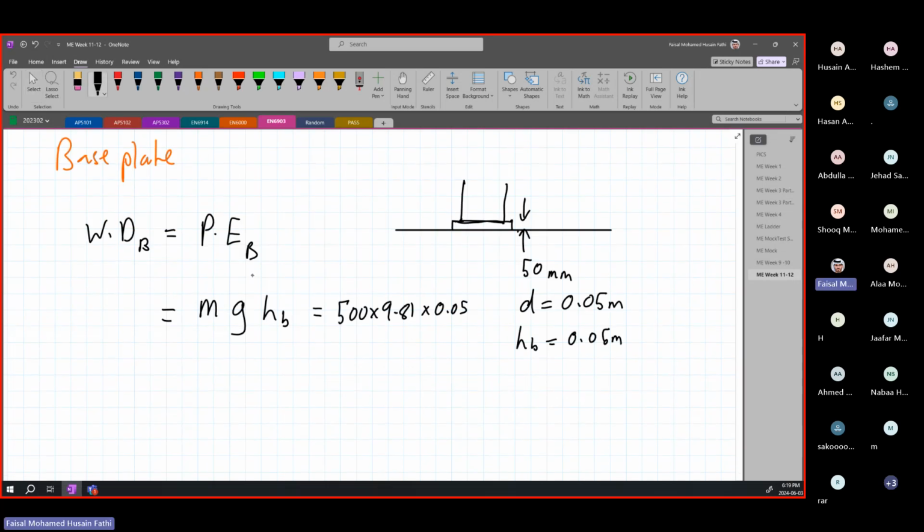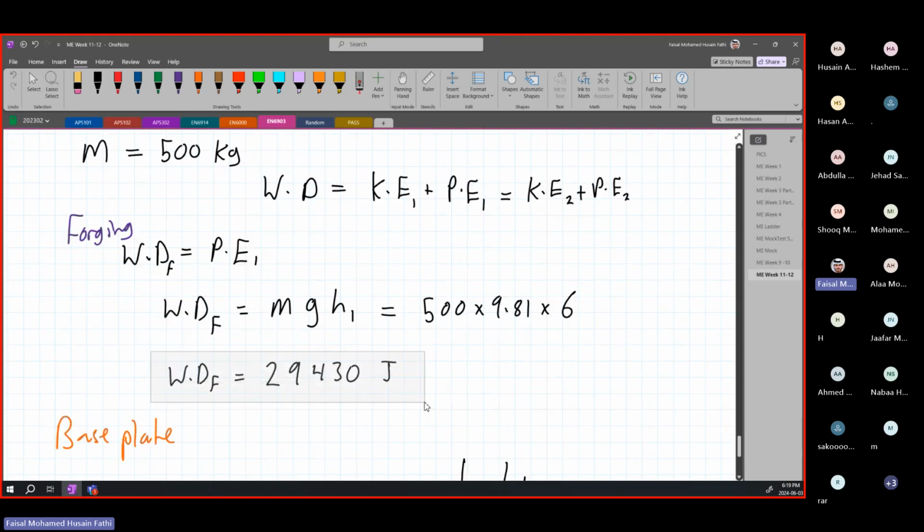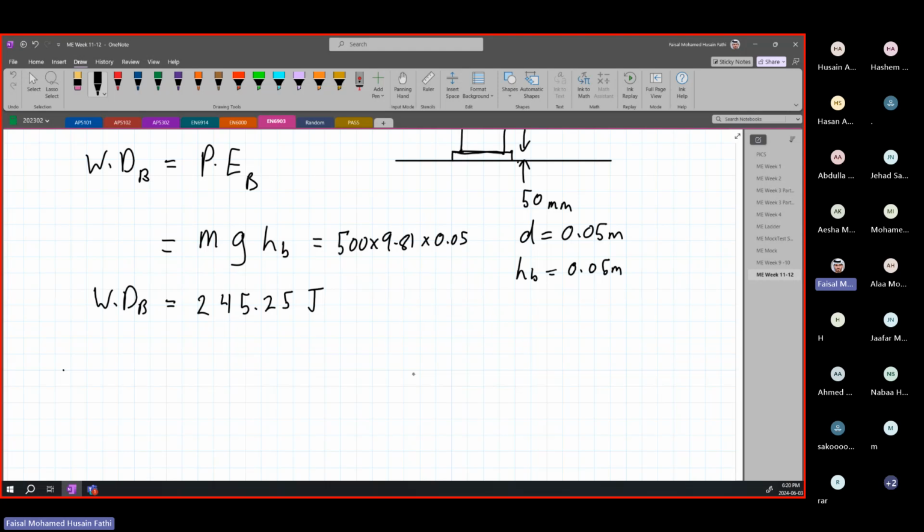And now we can find our WDB to be equal to 500 times 9.81 times 0.05. That gives us 245.25 joules. So now we have found our work from the forging and the work from the base plate.